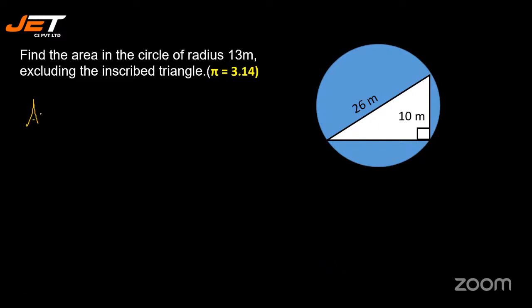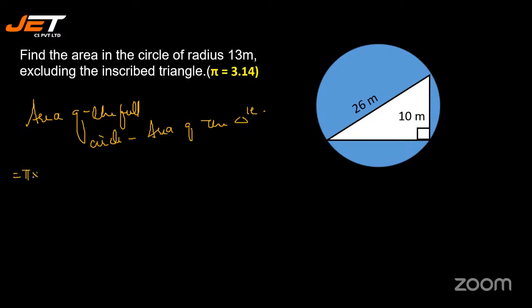So area of the full circle minus area of the triangle. So what is area of the circle? You know it is pi into r square, 13 into 13, minus area of the triangle. So what is area of the triangle? Half into base into height.